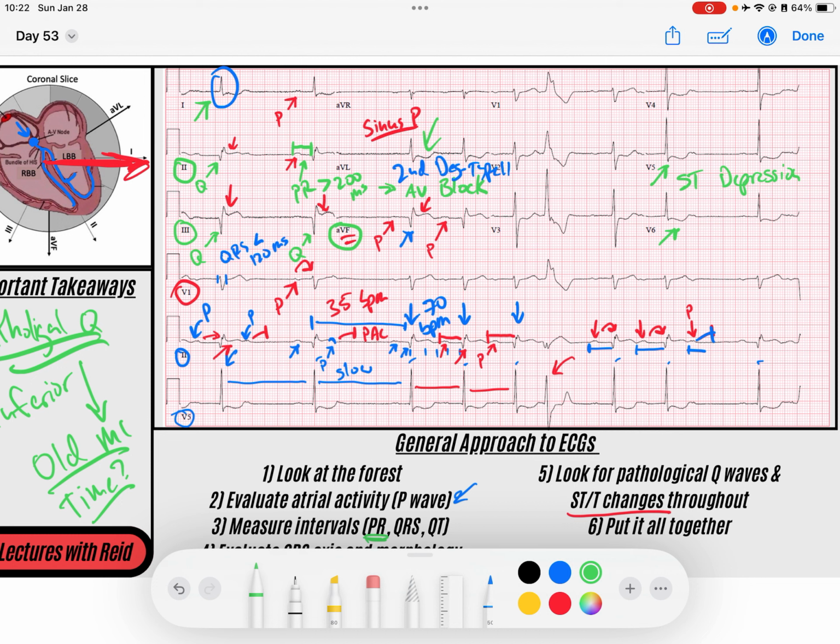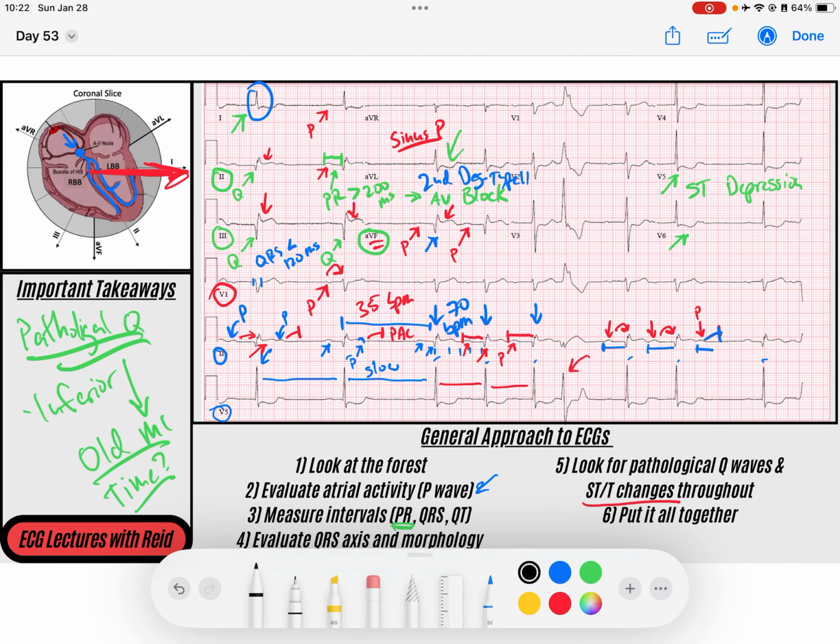So if you put that all together, let's write this down. We've got inferior pathological Qs, we've got inferior ST elevation, and we have lateral ST depression.